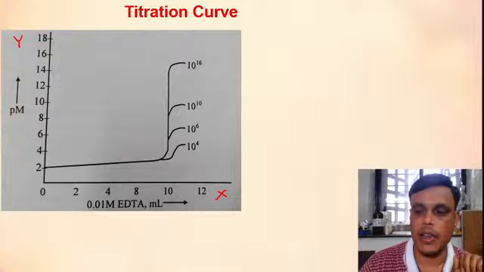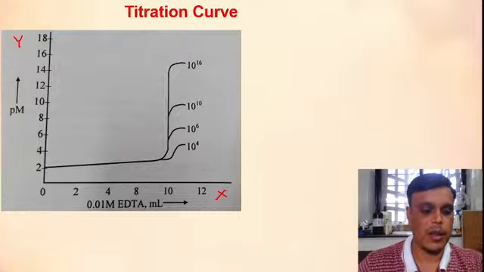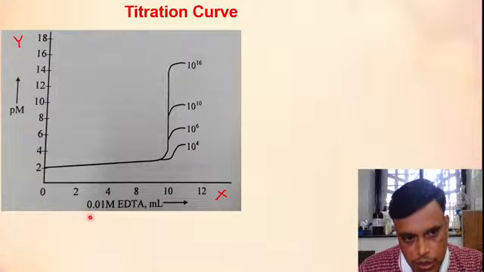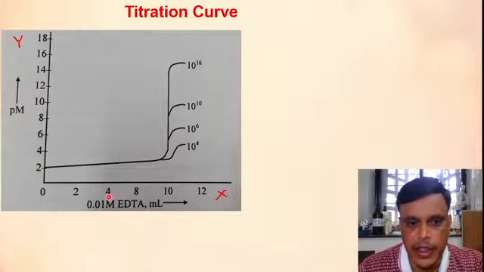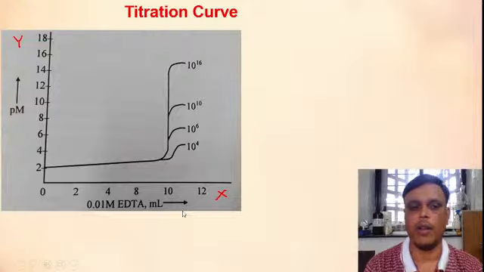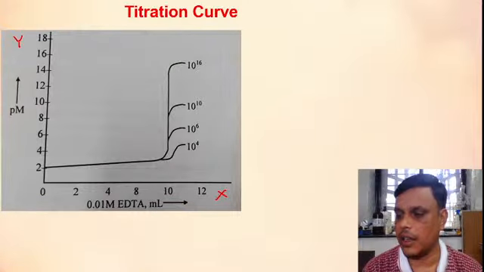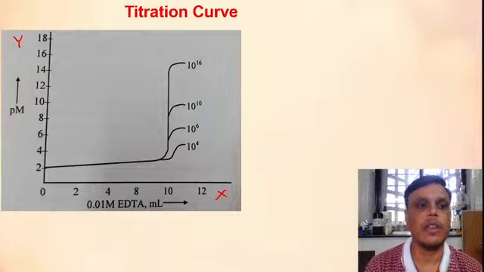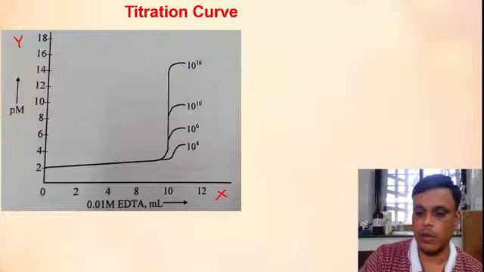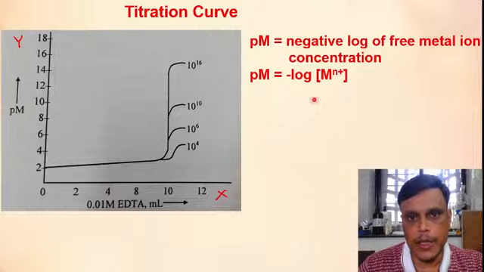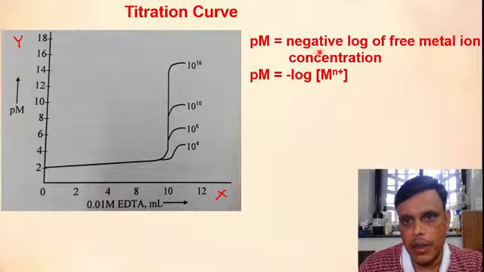Here in the titration curve for complexometric titration, pM is there. We will see what the meaning of pM is. On the x-axis, 0.01 molar EDTA in ml is there. So what is pM? pM is nothing but the negative log of free metal ion concentration.